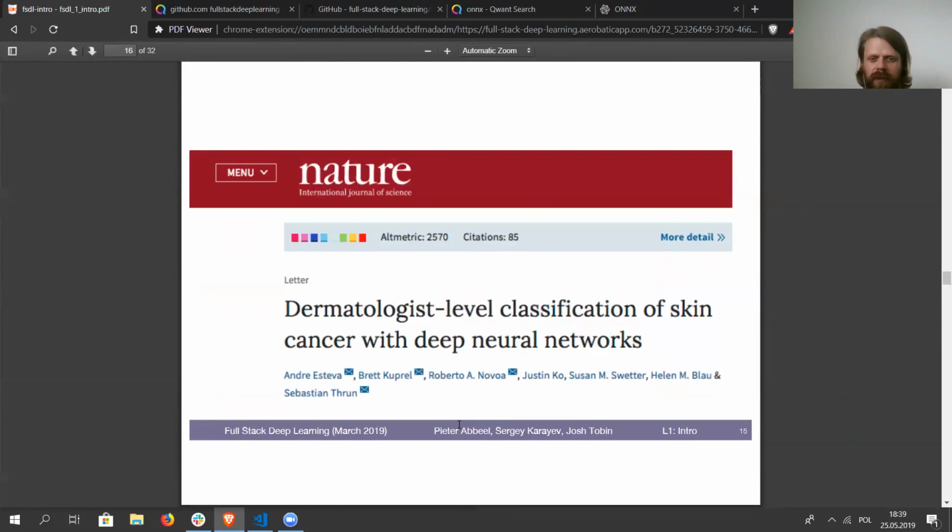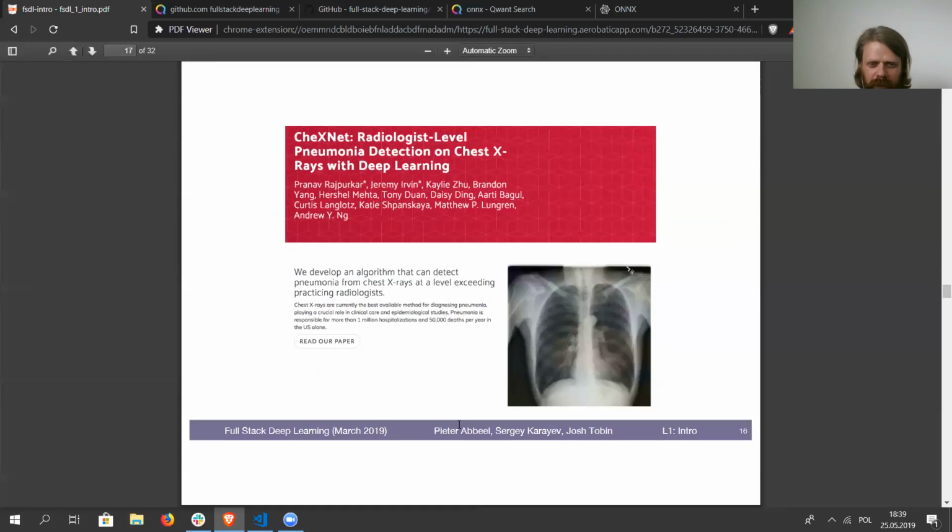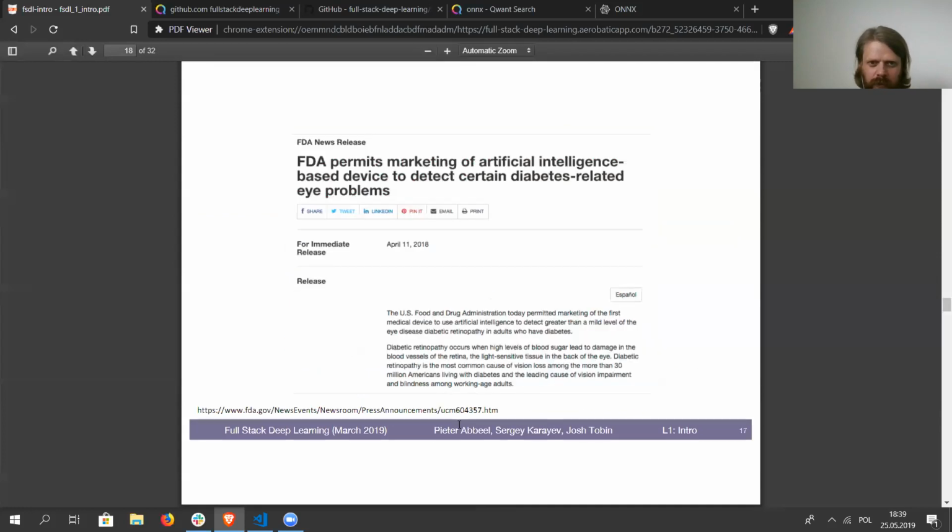I don't remember which one that was because there are a couple of different examples, but oh yeah, this is the one: FDA permits marketing an artificial intelligence-based device to detect certain diabetes-related eye problems. That's quite a big thing because usually a neural network is considered a black box, so you don't necessarily know what's going on inside, and if you have like 100 million parameters inside a neural network, it's difficult to explain.